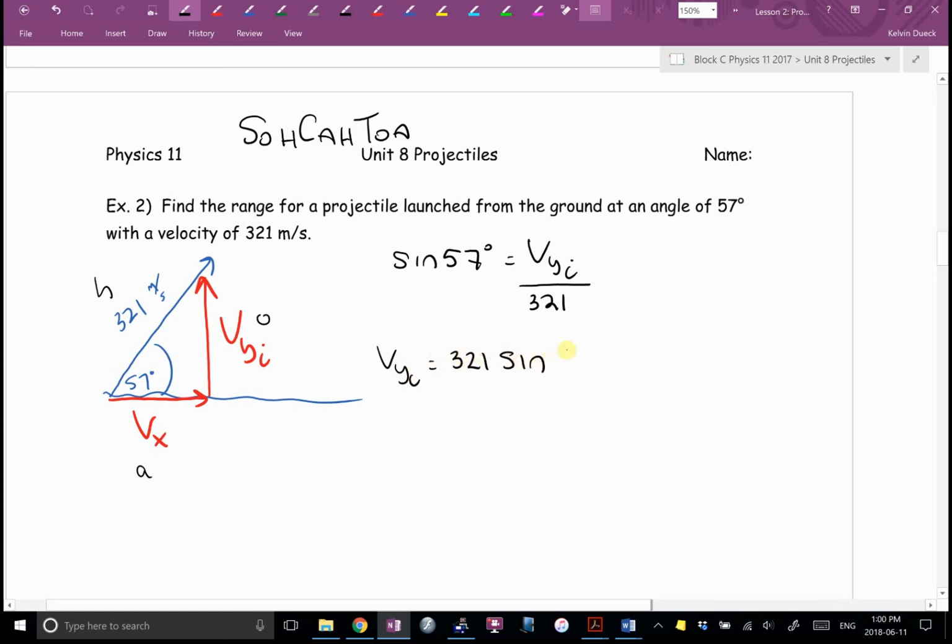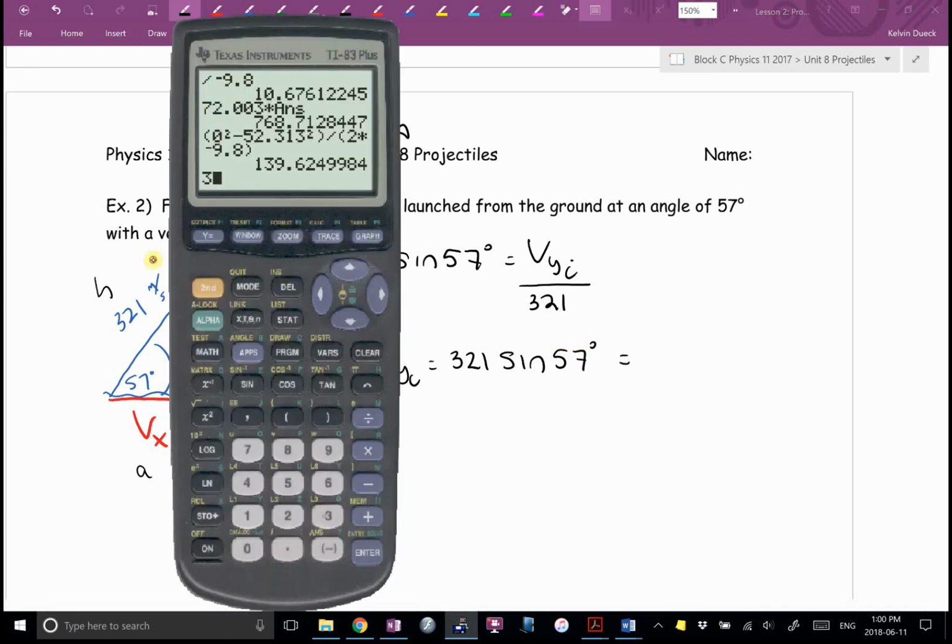I guess to get Vy by itself, I'll times the 321 over. By the way, some of your calculators, some of the TIs in particular, as soon as I press sine, it automatically does an open bracket, so I have to close the bracket.